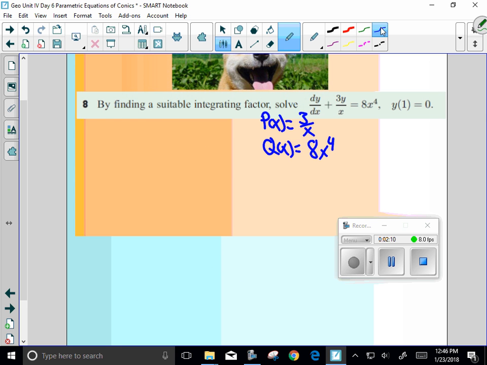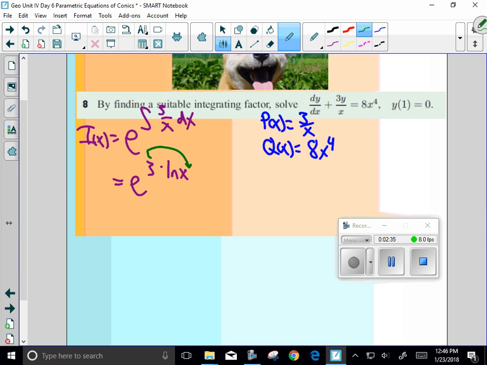So to do that, I of x is equal to e to the integral of 3 over x dx. So this is going to be 3 times the natural log of x, no plus c. And by the way, what can I do with this 3 right here?